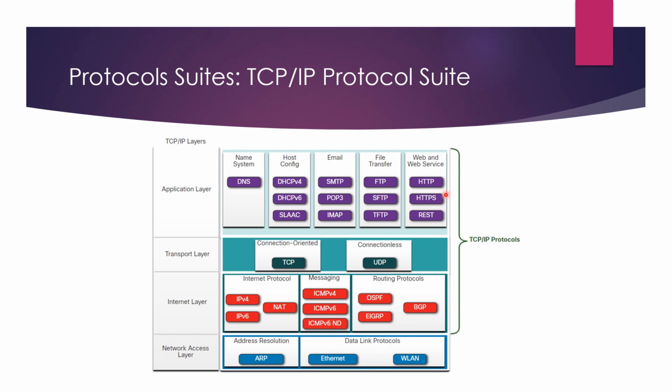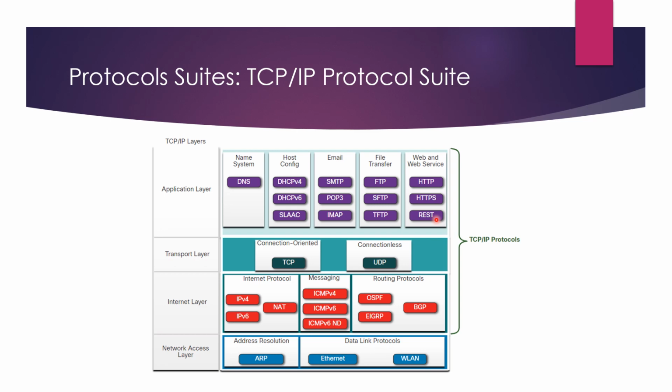We also have HTTP Secure, the Secure Hypertext Transfer Protocol, which is a secure form of HTTP that encrypts the data exchanged over the World Wide Web. And we also have the Representational State Transfer, a web service that uses application programming interfaces and HTTP requests to create web applications.